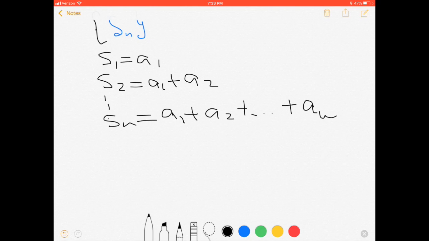And because we have a sequence, we have the question whether this sequence is convergent or divergent.